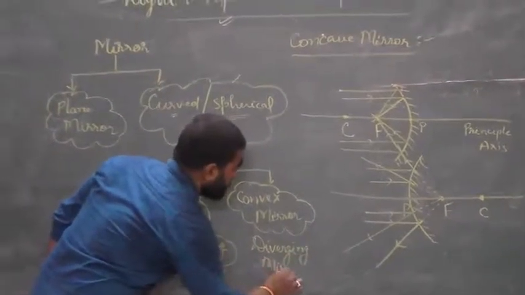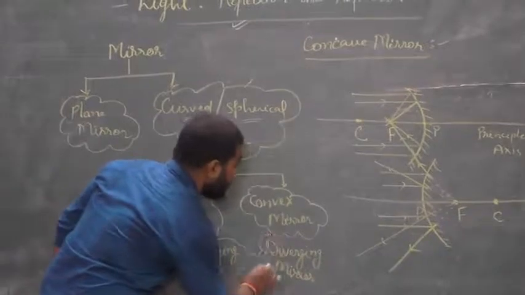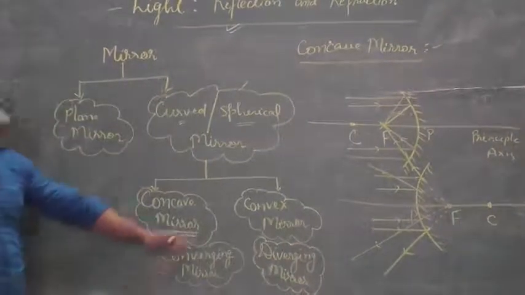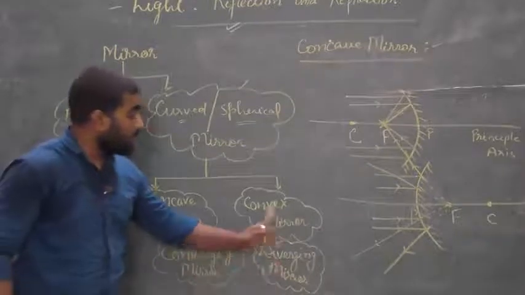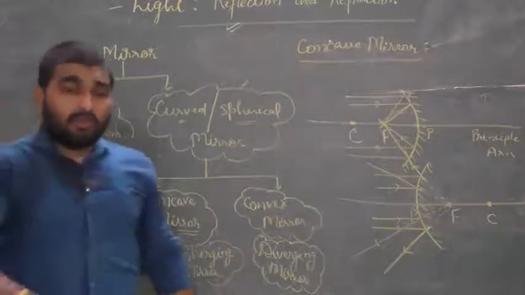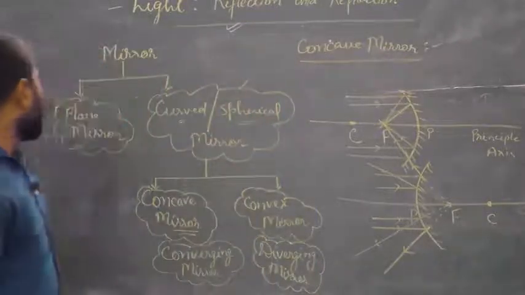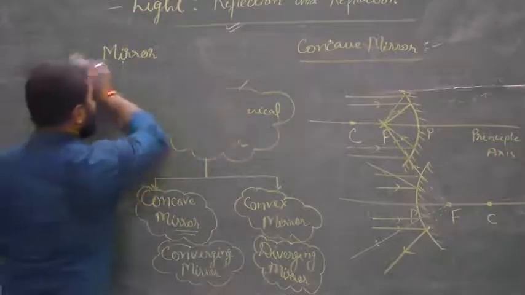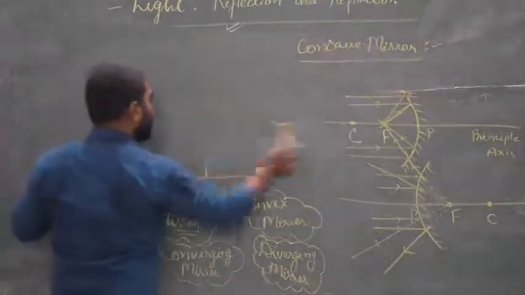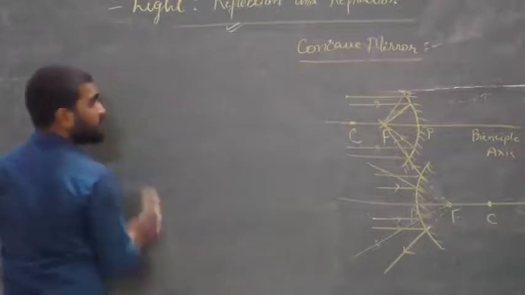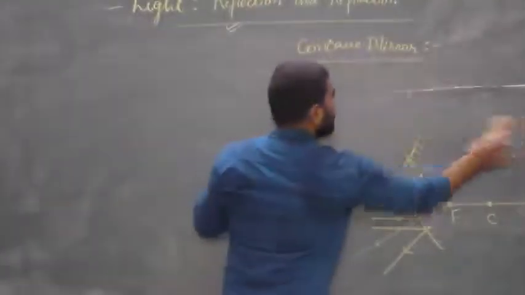So there are two types of spherical mirror. First one is the converging or concave mirror, and second one is the diverging or convex mirror. Now we are going to teach you the rules of image formation in a concave mirror, how an image is formed in a concave mirror. I am just going to discuss it here. This is very important for image formation.